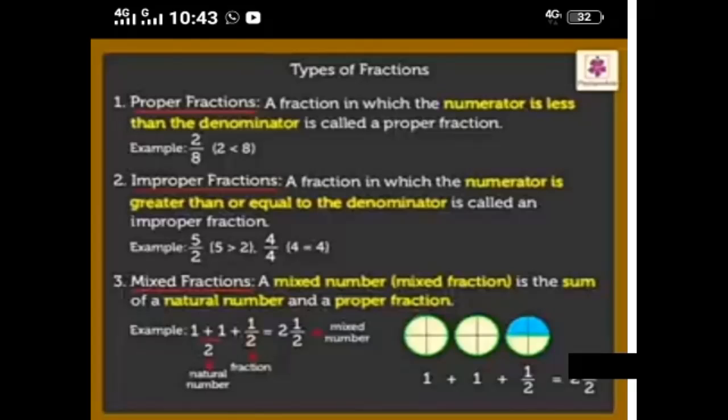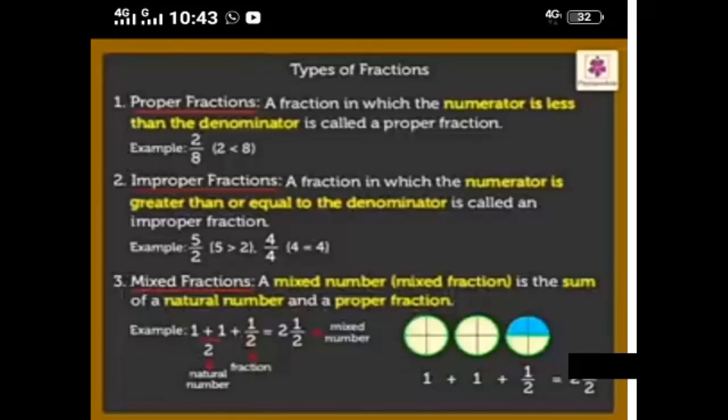Also, we said earlier 4/4, 5/5, 10/10: numerator and denominator are the same. This type of fraction is called an improper fraction. These fractions are included in improper fractions.